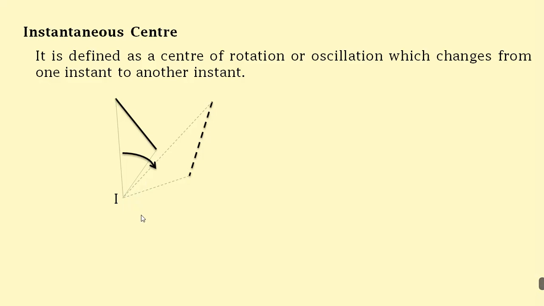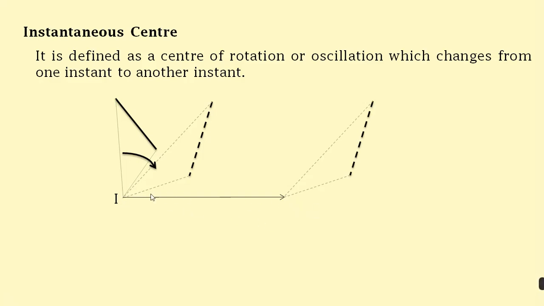When does it change? If you consider the displacement as well, this link has rotated through a particular angle and then it has displaced through a particular distance. When it is displaced, automatically the center point also changes.